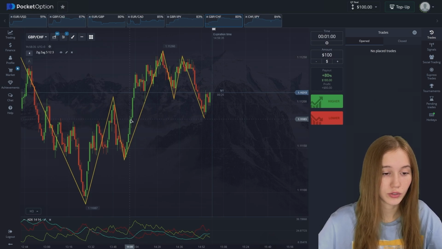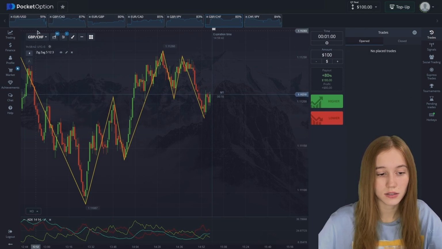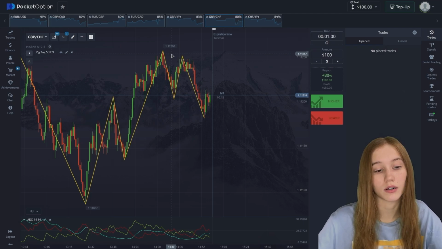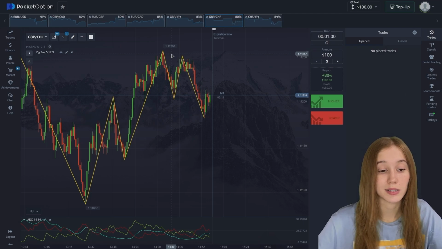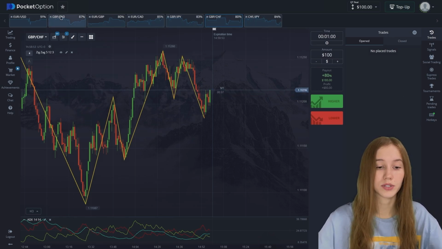Then we'll trade on, you see here, assets, crypto, but we will trade on currency pairs, maybe 9 or 10 currency pairs for today.